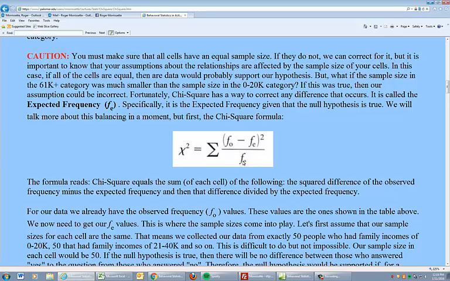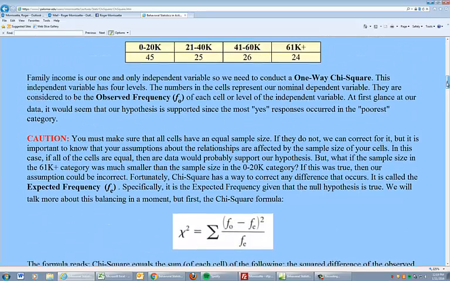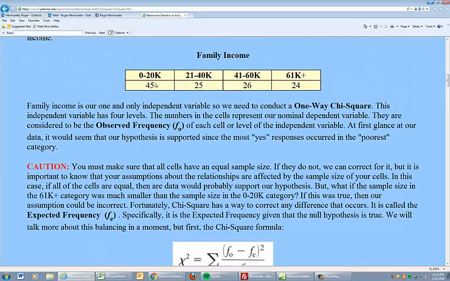We just really have 2 variables here. We have f sub o and f sub e. And f means frequency. So the frequency observed and the frequency expected. So the frequency observed is the data you collected. So the f sub o for this cell would be 45. F sub o for this one is 25, and so on.